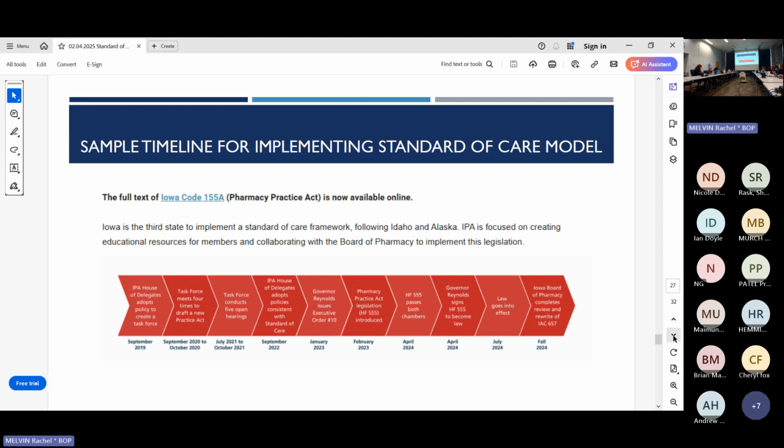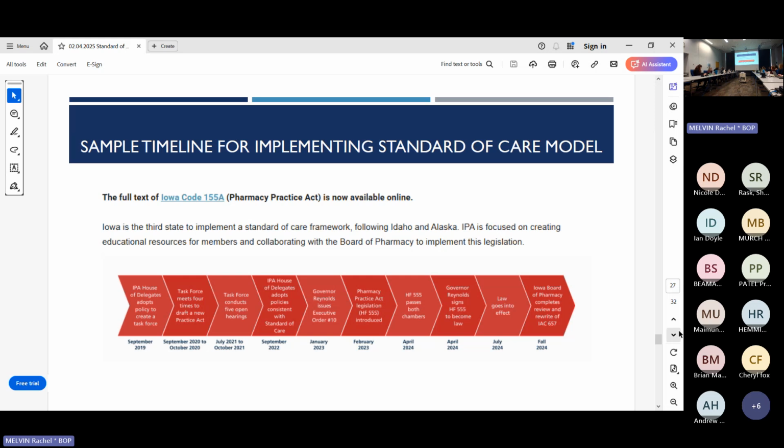And here's a sample timeline. So I mentioned previously, this is not a short-term goal. So Iowa in 2024, Governor Kim Reynolds signed HF 555 to modernize the Iowa Pharmacy Practice Act for the first time since 1986.